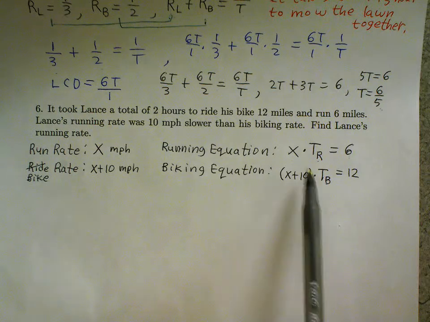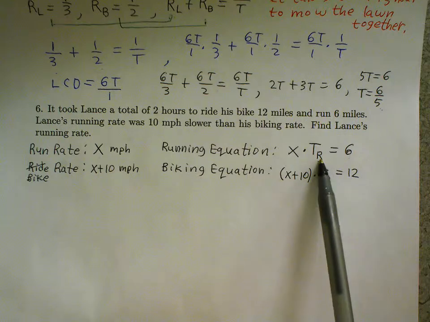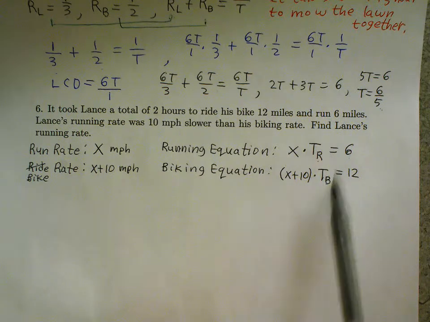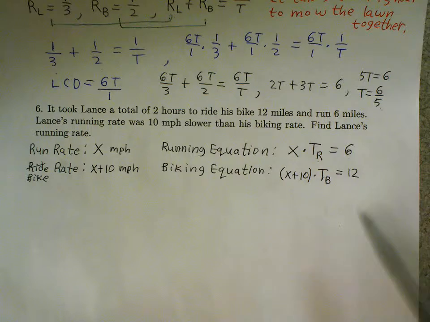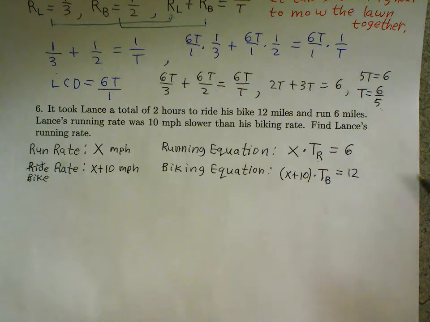At the moment, we have two equations. Each of them has the variable x, but also each one of them has a variable for time. Well, we don't want an equation with a variable for time. So somehow we're going to have to get rid of T sub r and T sub b without violating any logic in the process.